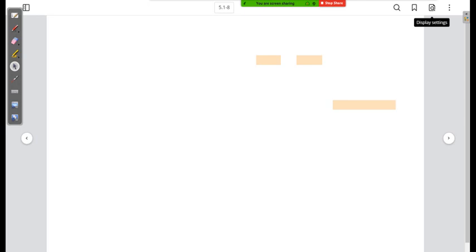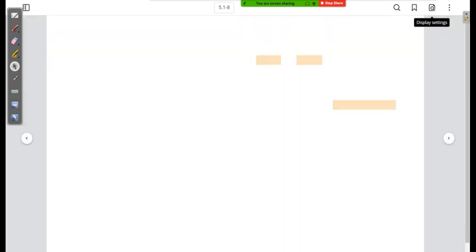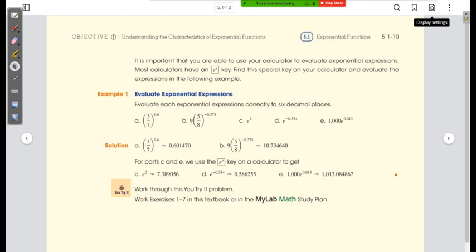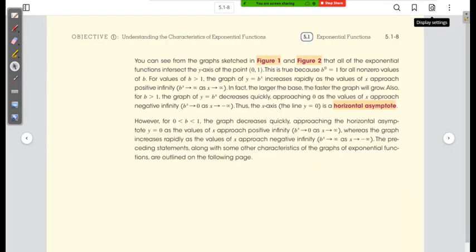This page doesn't seem to be loading. Let's try that again. Having some difficulties with the textbook. Okay, there's page 10. There we go, the pages just weren't loading.